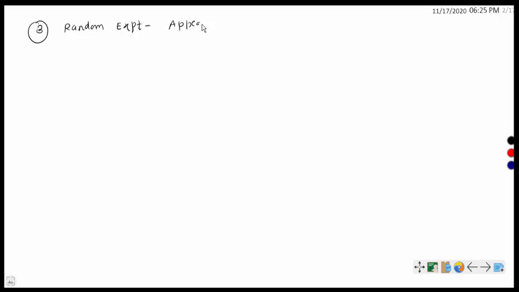In this case, the sample space is pass or fail. This is the sample space. Many experiments and examples we can take. I think you understand the concept of random experiment and sample space.